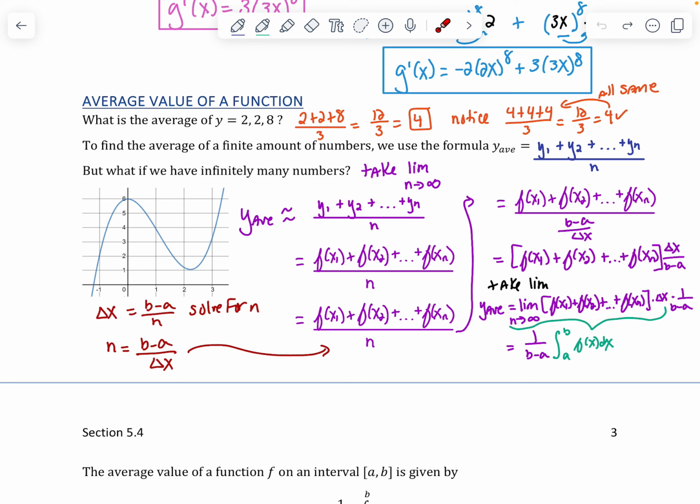Well, if we're taking the limit as n goes to infinity of these, this is our formula for the integral from a to b of f of x. So the only piece that's new is we're multiplying that integral by 1 over b minus a, so the reciprocal of the width of the area we're integrating.